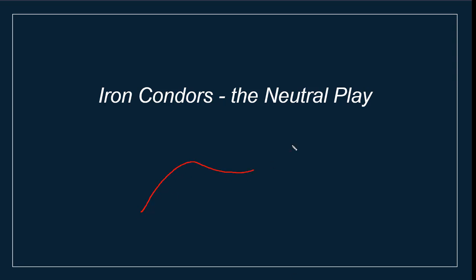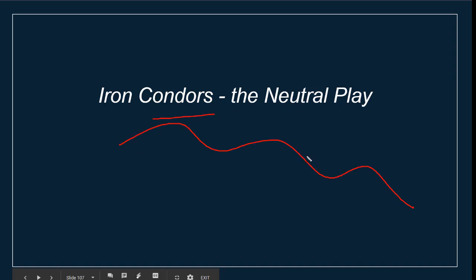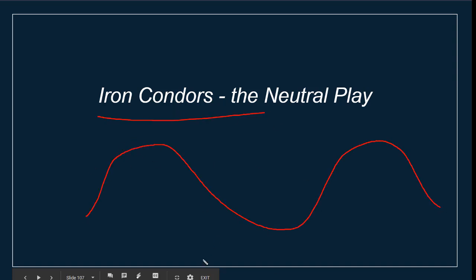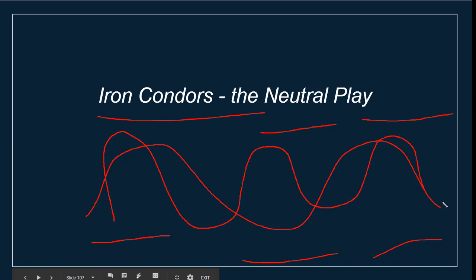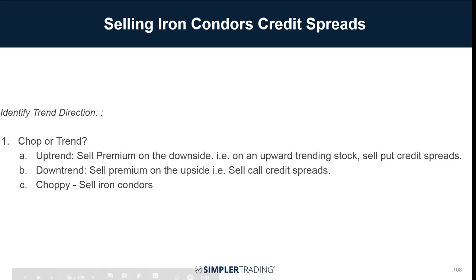On a put credit spread, you're selling here, selling here, selling here, selling here. In a call credit spread, you're selling here, selling here, selling here. With an iron condor, you're going to be doing this on both sides. So here's your stock, and you're selling on both sides, so while the stock price trades, your theta is just decaying for you.